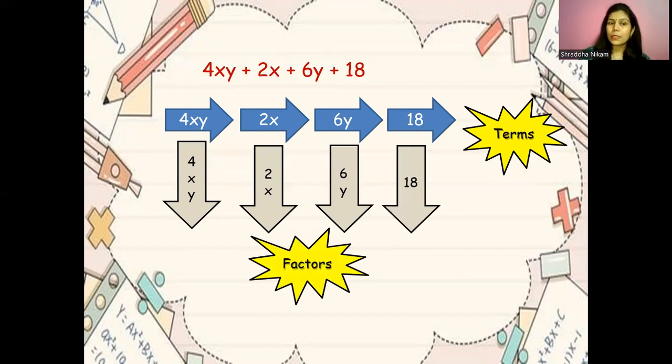If we observe, factors can be numbers and alphabets too. So when it is a numerical value, it is known as a numerical factor, and when it is an alphabet, it is known as a literal factor.